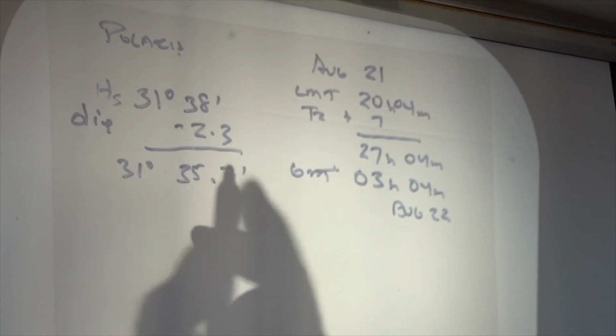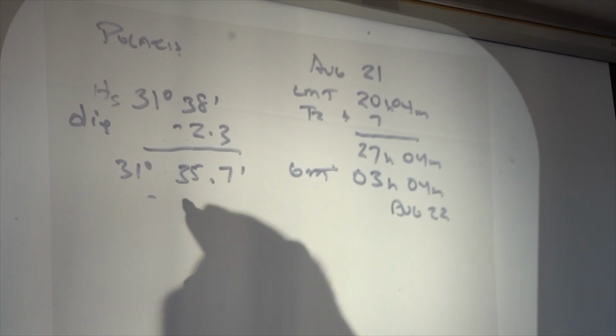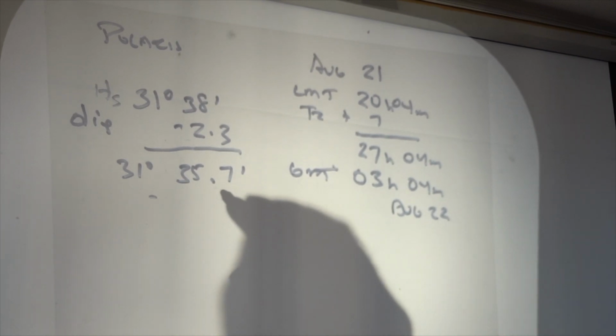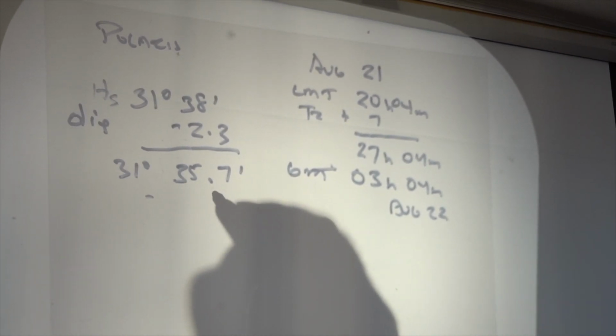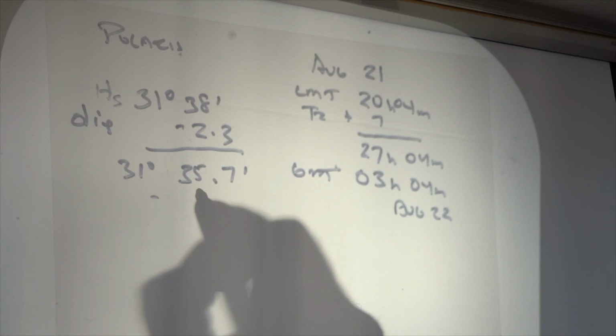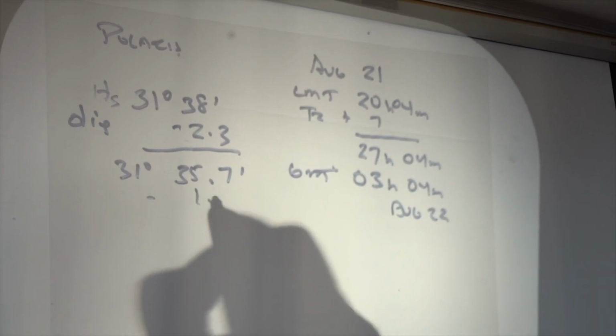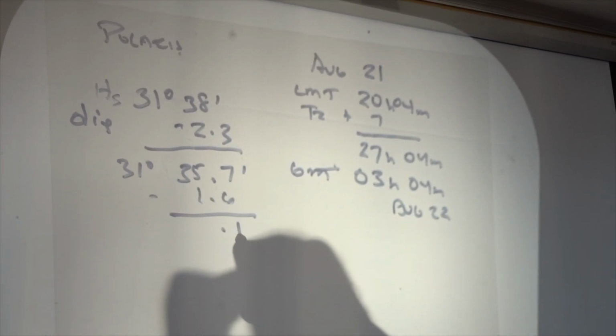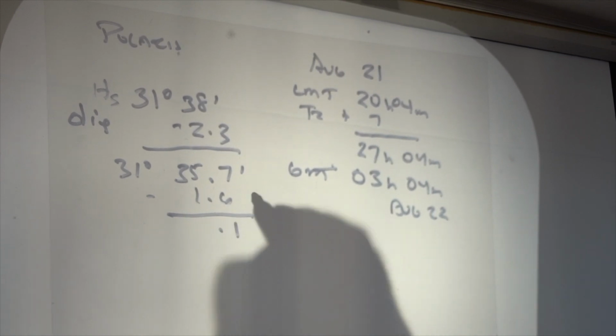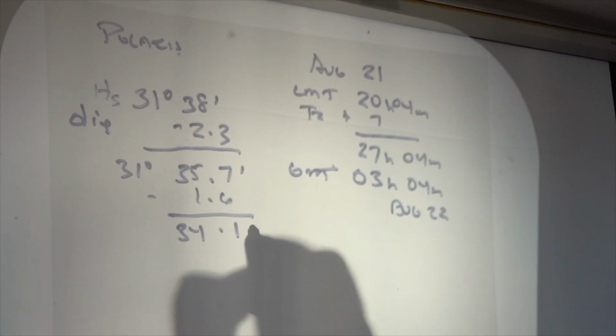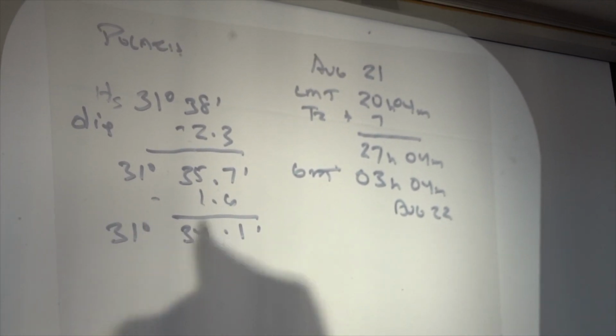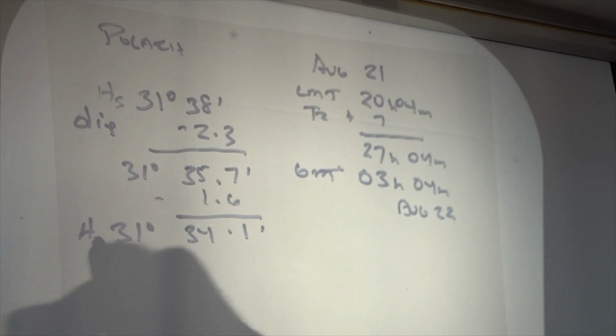And then our main correction is also negative based on the table. And what is that? 1.6. Okay, so that's 34.1. So 31 degrees, 34.1 minutes is the HO.